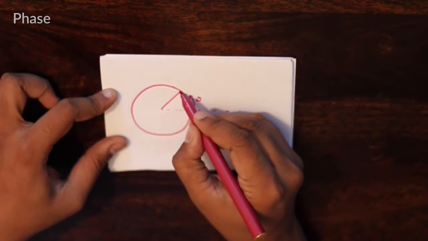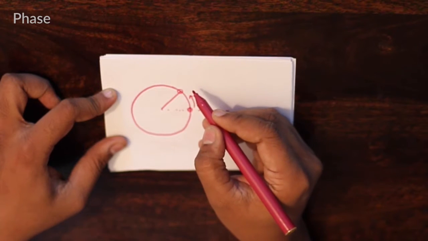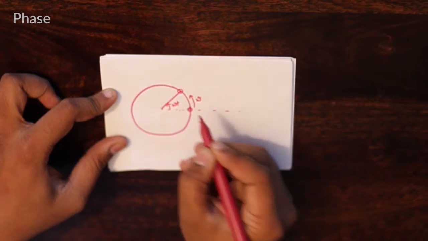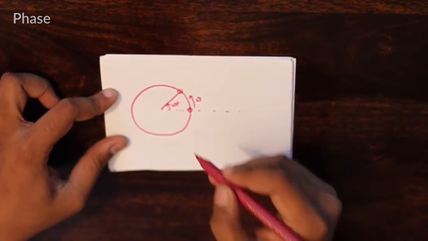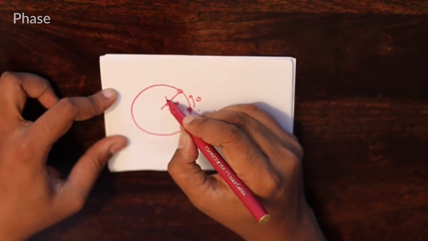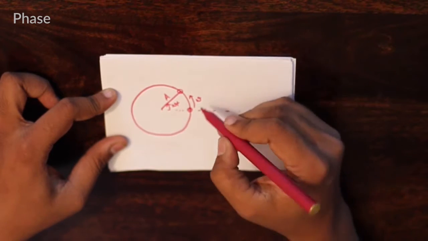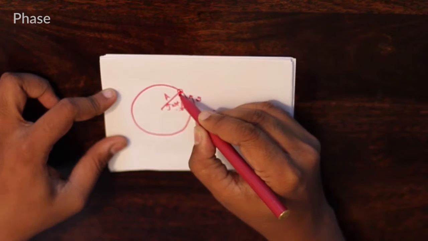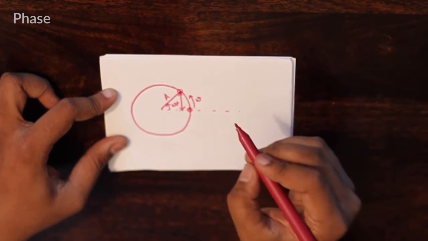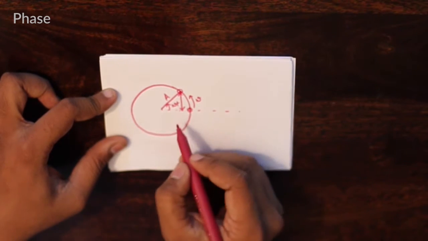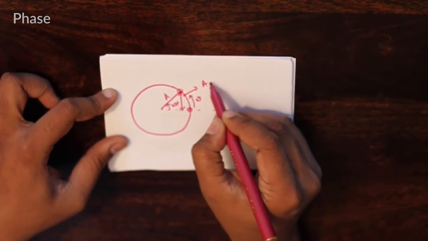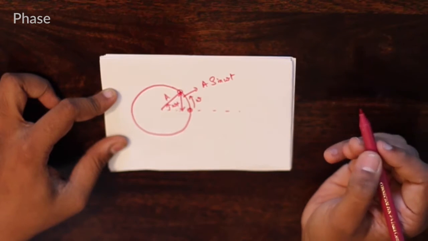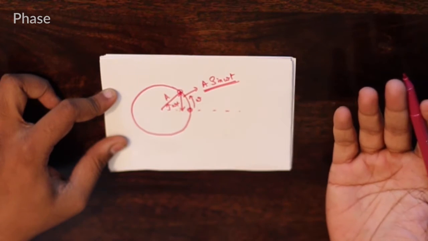So when it reaches a particular point here in time t, what would this angle be? This would be omega t. And then if the radius of this particular circle is a, what is this height? And that height, as you probably observed, is a sine omega t, which is incidentally our SHM.